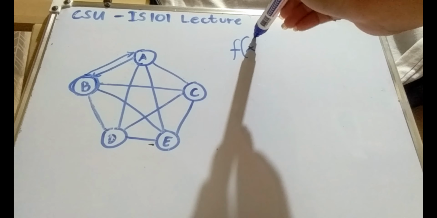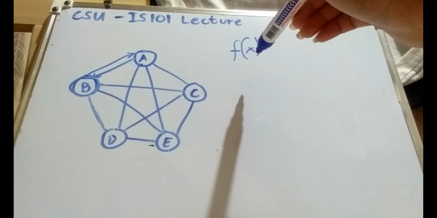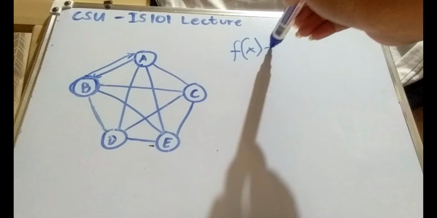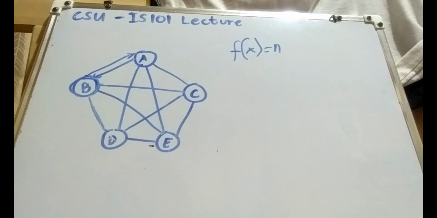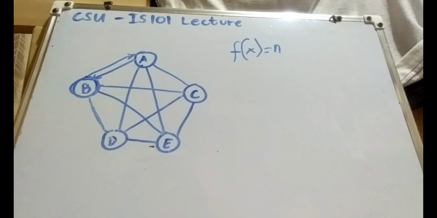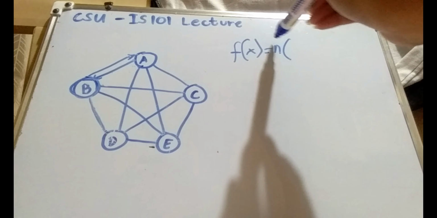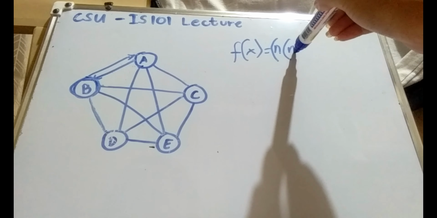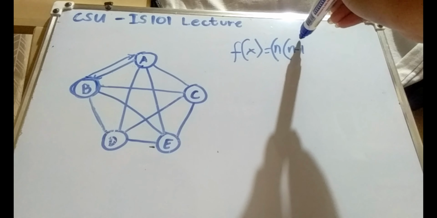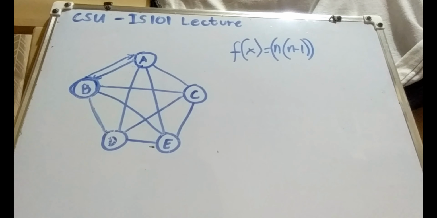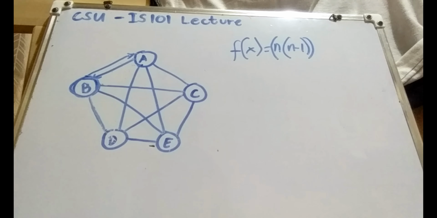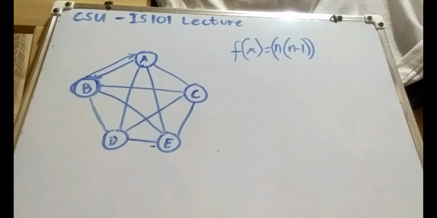f(x), which is the network value, is equal to n, which is the number of people connected within any given network, multiplied by n minus 1. The reason for the minus 1 is to establish the number of all unique connections without the inclusion of connecting to itself.